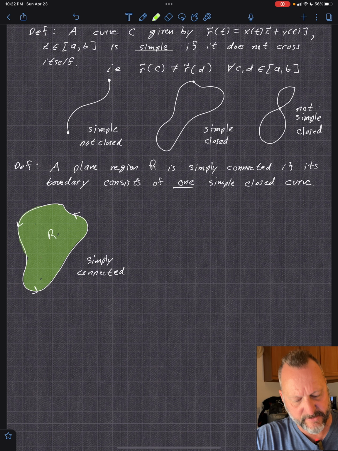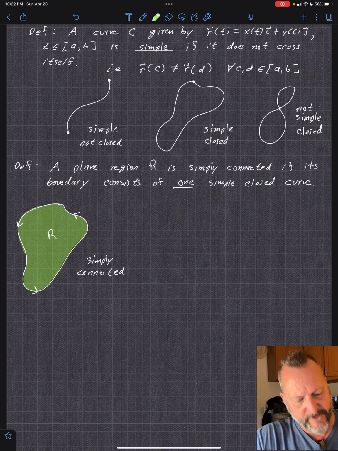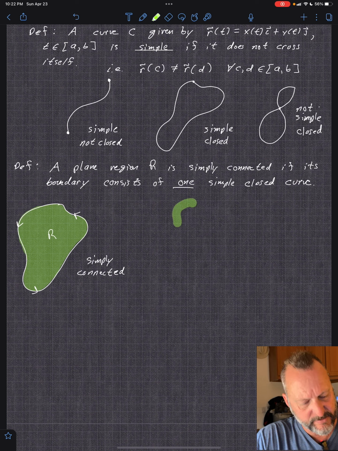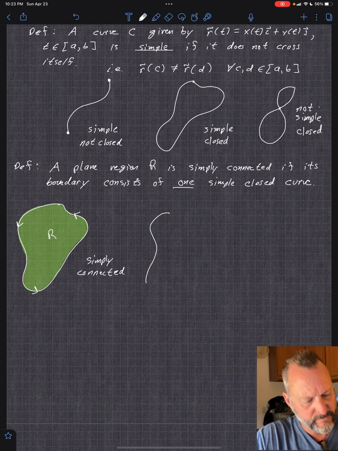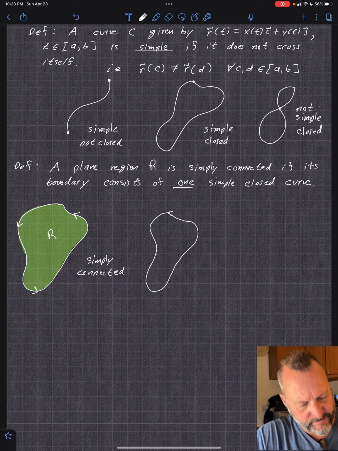Okay, so that's the region in question. Then you could have something like this. And then it's oriented, it'll be counterclockwise like that. But then you could have it broken up into regions like this inside.